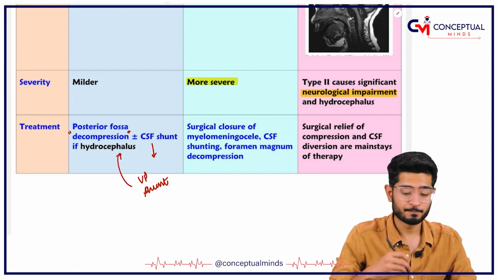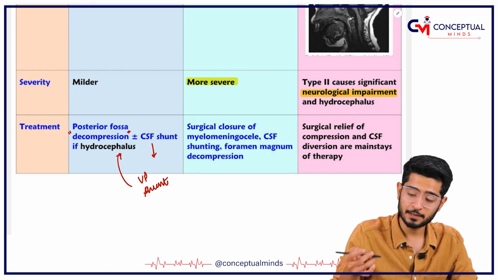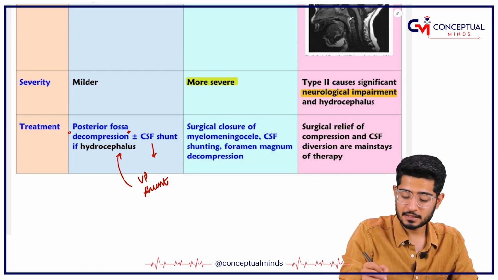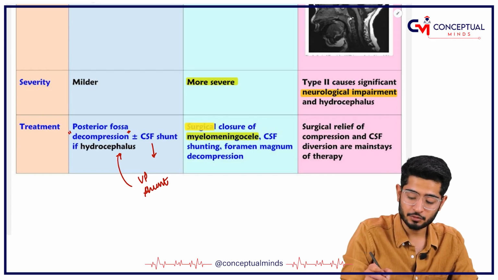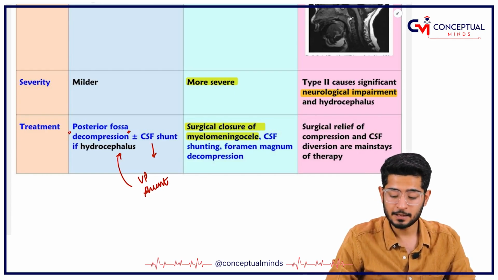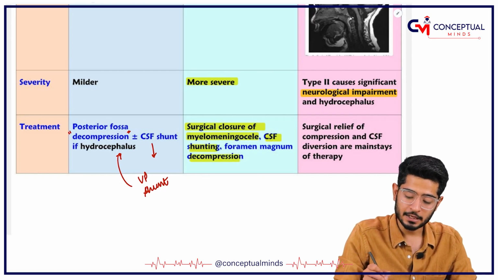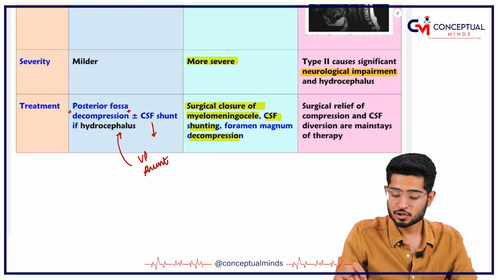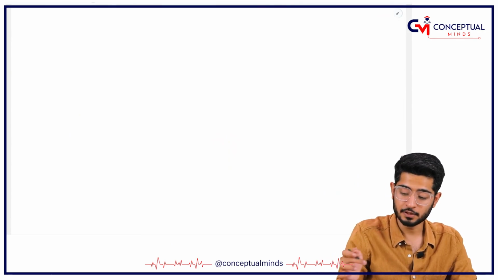Whereas, I told you in Arnold-Chiari type 2, there is meningomyelocele and stuff which is going to happen. So, we have to treat them surgically. So, surgical closure of myelomeningocele. Of course, CSF shunting and decompression has to be done. So, this is the mainstay of the therapy.